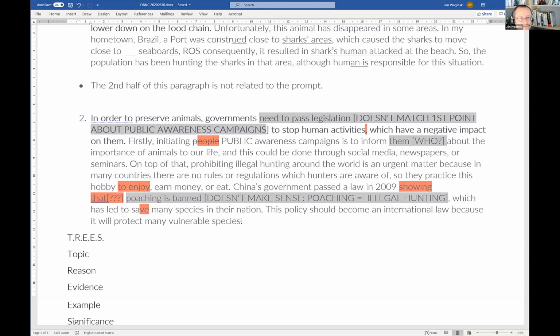You have to make up something that's more true than that, even if you don't know it's true. Like you could make up an example of a specific animal that it's illegal to hunt. But don't make up something that everyone knows is not correct.